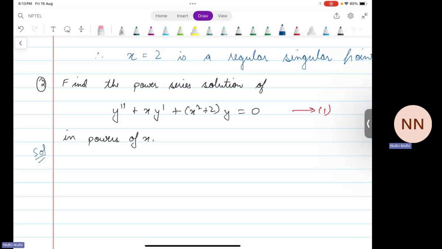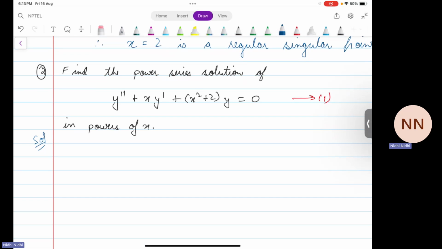Now see that in this equation 1, clearly x equals to 0 is an ordinary point. We don't have any kind of singularity at x equals to 0. So we have a result that if x naught is an ordinary point, then we have a power series solution for that equation near that point. That means we have a power series solution near 0.